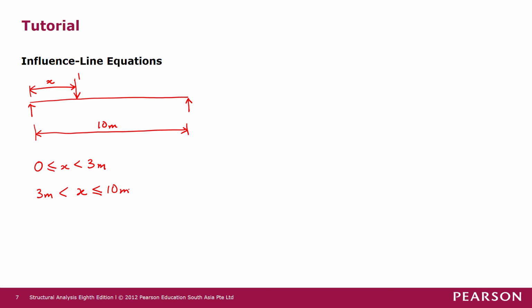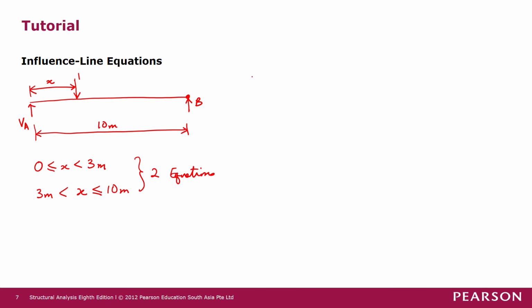Meaning that we have two functions here, or two equations. So in this case, we need the reactions. To get the reaction VA there, we can sum moment at joint B.